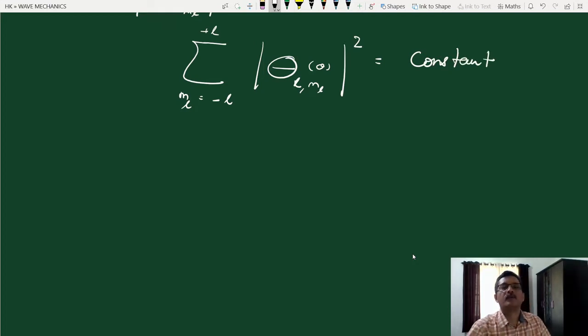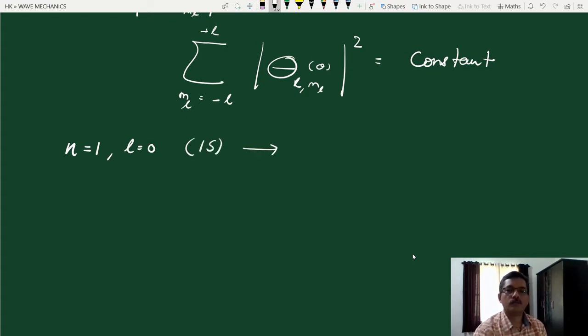Let us verify Unsold theorem for different states. First let us consider n equal to 1, L equal to 0, that is the 1s state. Now what is the value of theta for the 1, 0 state? When L equals 0, what is the value of ml? ml is also 0.